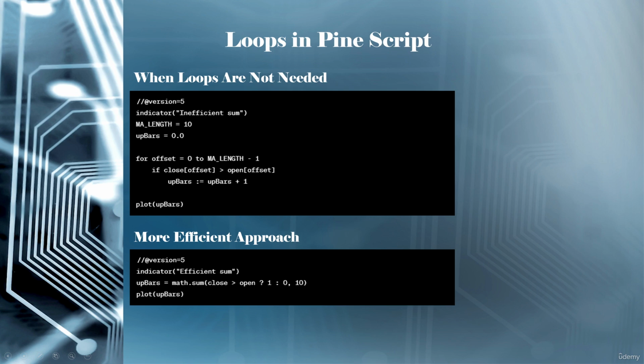The function math.sum maintains a running sum of that value for the last 10 bars. So this way we avoided the loop and we do exactly the same calculation of the number of up bars for the last 10 bars.